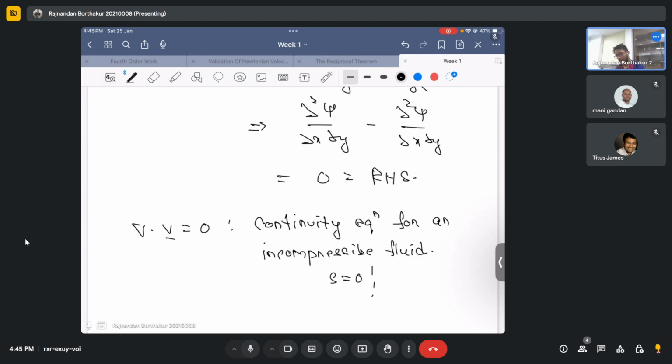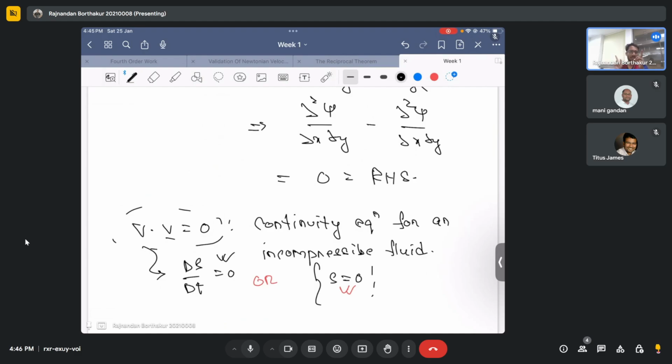Also, I will not explain it much, but you can also show that this form of the continuity equation also holds good if the material derivative of density is equal to 0 for the fluid. It holds good if your density is constant, or if the material derivative of density with time is equal to 0.